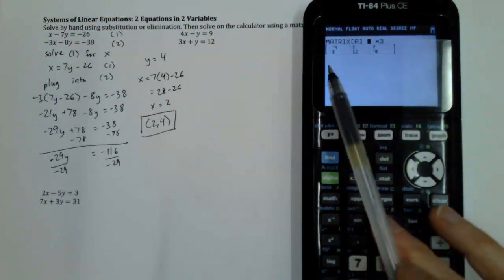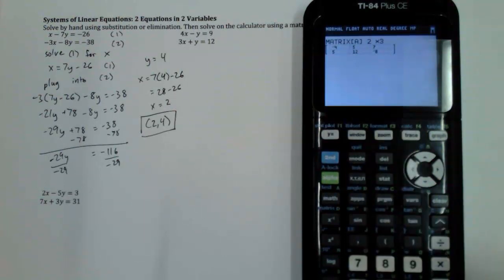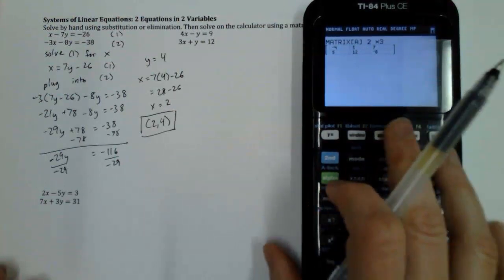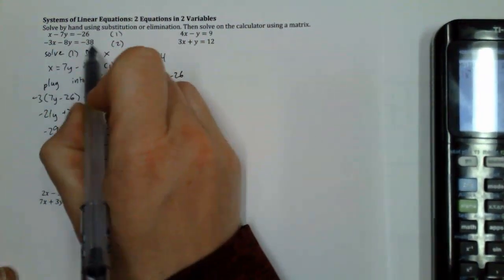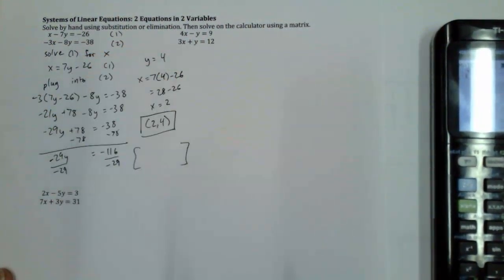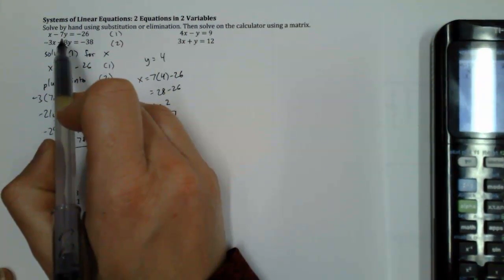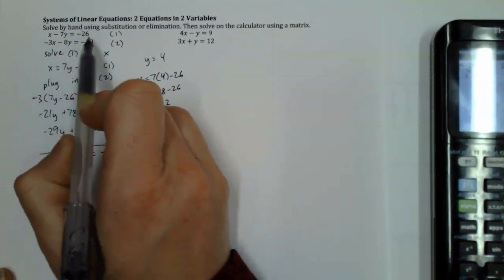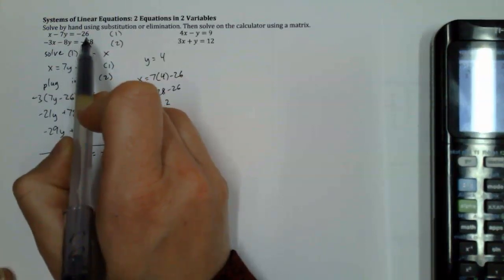A matrix is an array of numbers between square brackets. And you'll notice we do also need the size. Here, the matrix is basically just the numbers. However, we have to have it in a specific form. We have to have the x first, the y second, and then the number that's by itself, so no variable, has to be on the other side.